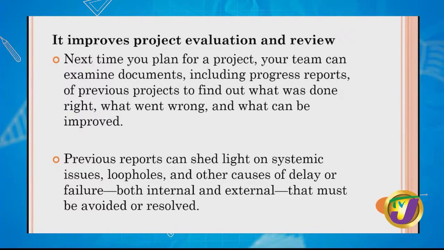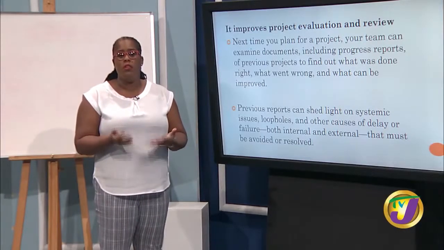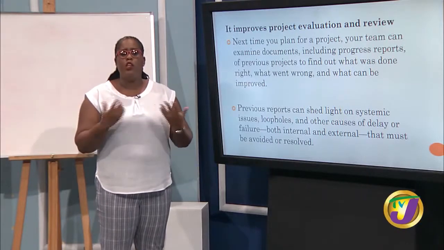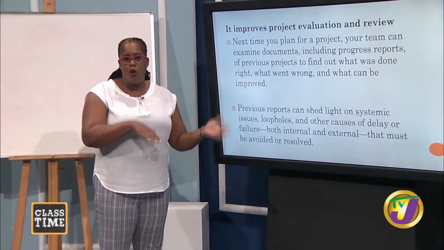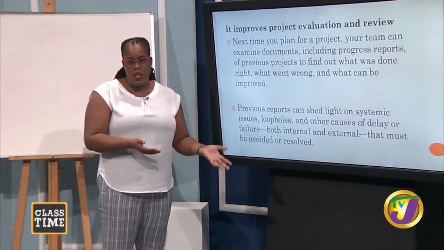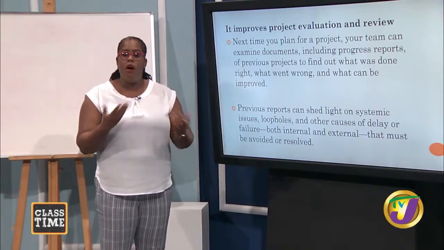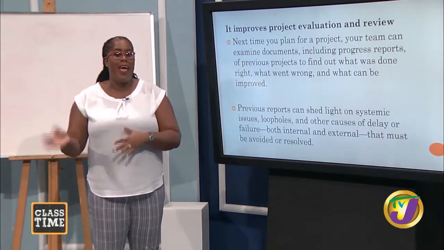All right, so you have your progress report, right? Now, you want things to go smoothly, and they won't go smoothly all the time, right? So you have your project, and things did not go as how you had planned them initially, then you have been called upon to do another project or the same project somewhere else.